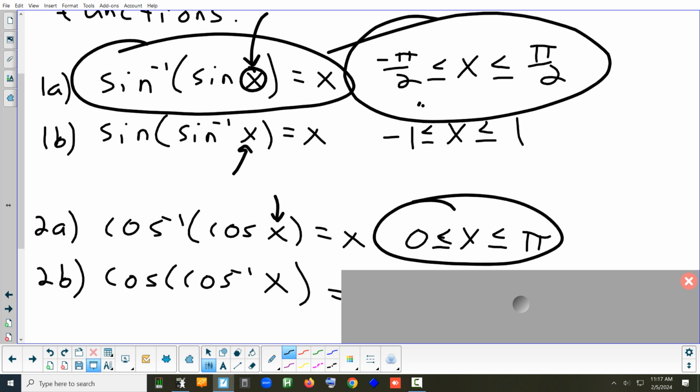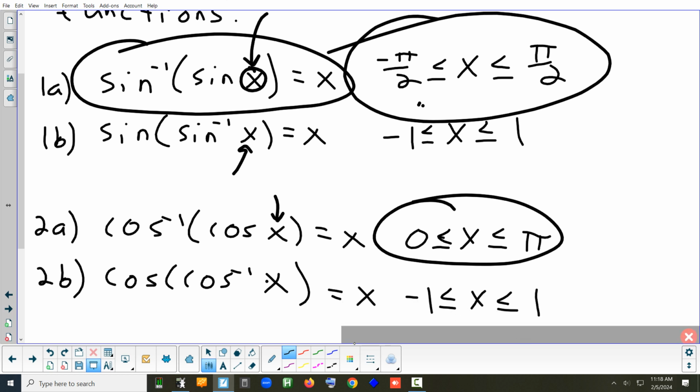What do you think the restriction on x is when the inverse is on the inside? Think about the domain of inverse cosine. The domain of the inverse is the same as the range of the original, negative 1 to 1.